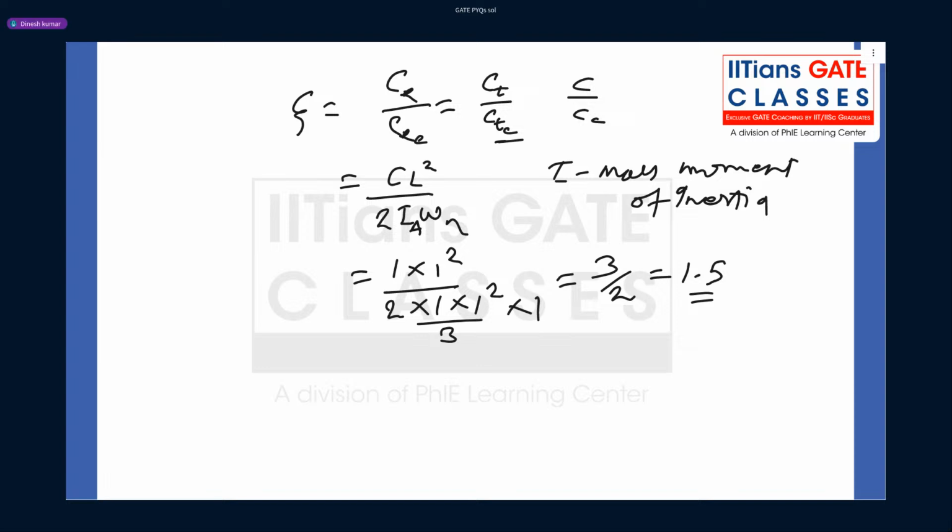Sahil, what is the zeta value that is coming? 1.5. So tell me, the system is what? Underdamped, overdamped, or critically damped?